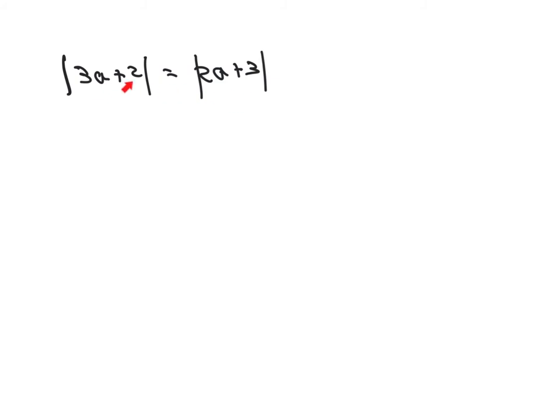So they must be equal or opposites, so that if they're on the number line, they're both either here or here. So this could actually be this distance, and this could be this distance, or they could both be just one of the distances.